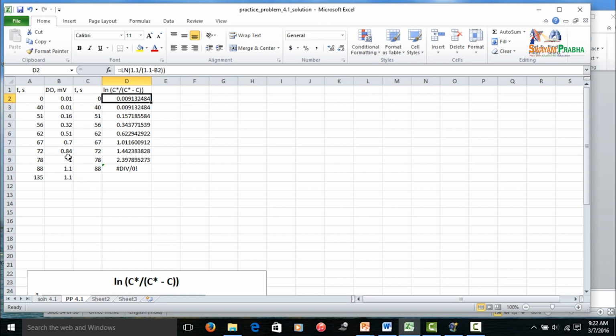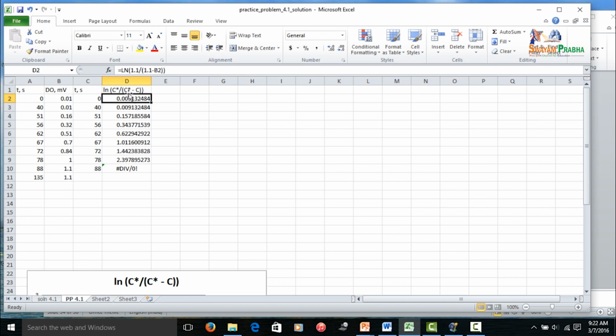So this indicates that the liquid has reached saturation or equilibrium condition with the gas phase, which is air here. So this millivolt value is directly proportional to C star, and therefore let us take it as C star. If you take the constant as k C star by k into C star minus C, k will cancel out, so the dissolved oxygen concentration is directly proportional to the millivolt value here. The constant of proportionality does not matter. So 1.1 is taken as C star.